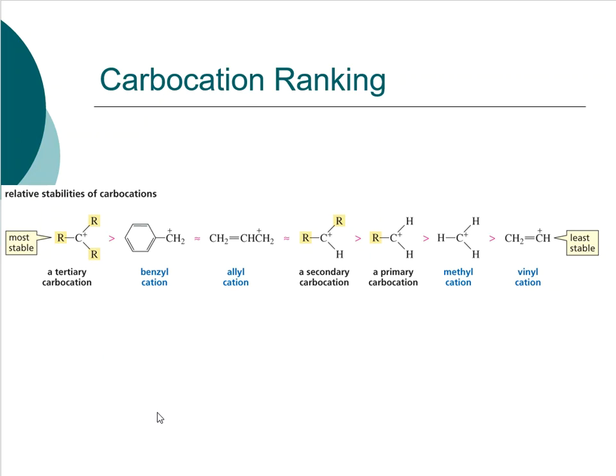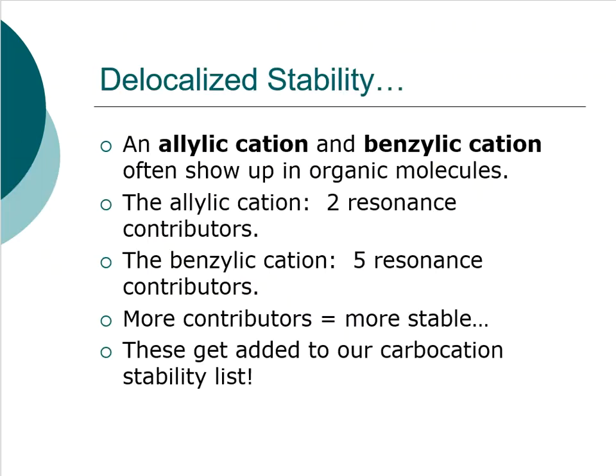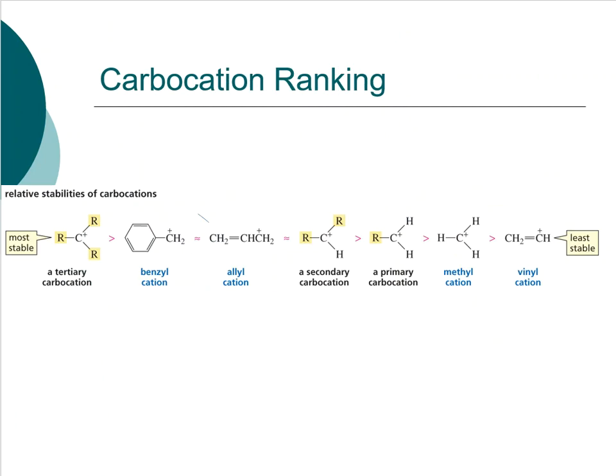Notice they wrote them as equivalent in a way, and then a secondary carbocation, which is also kind of equivalent to the allyl, which is very similar to the benzyl. So they group all three of those together in one lump. And then the primary comes at the tail end.